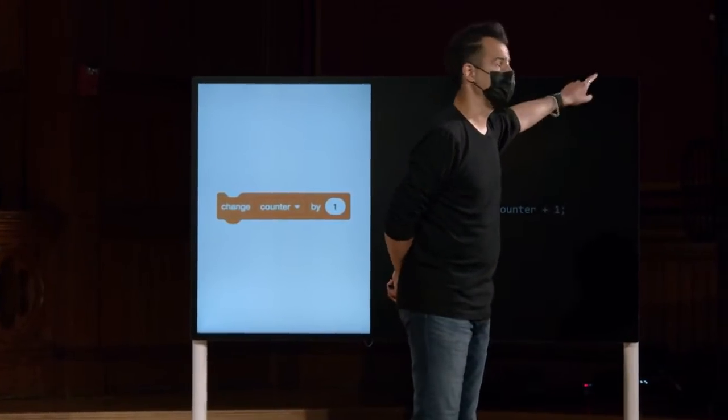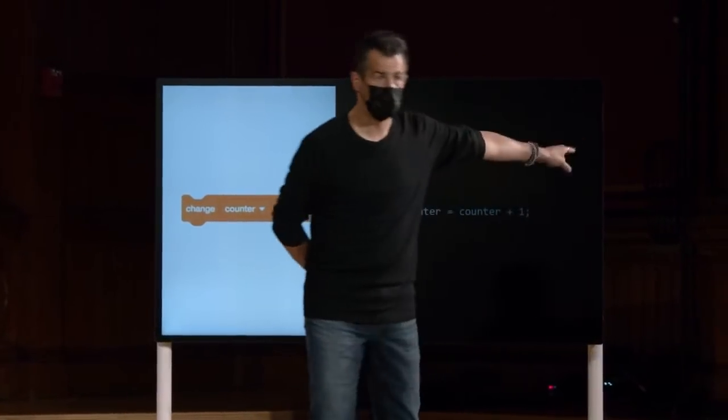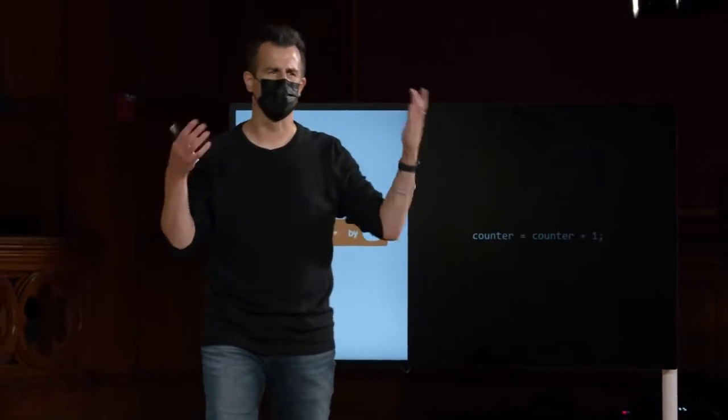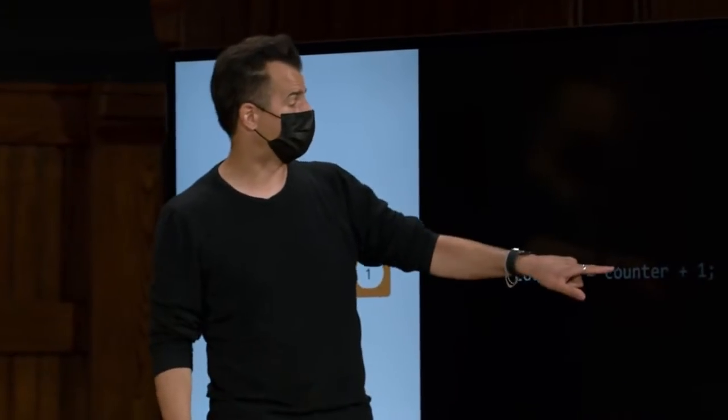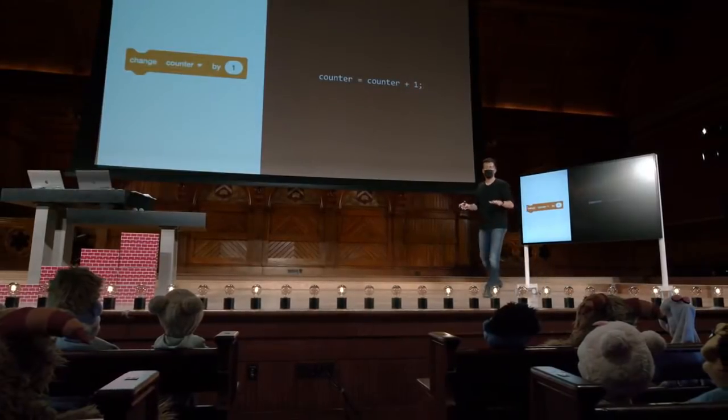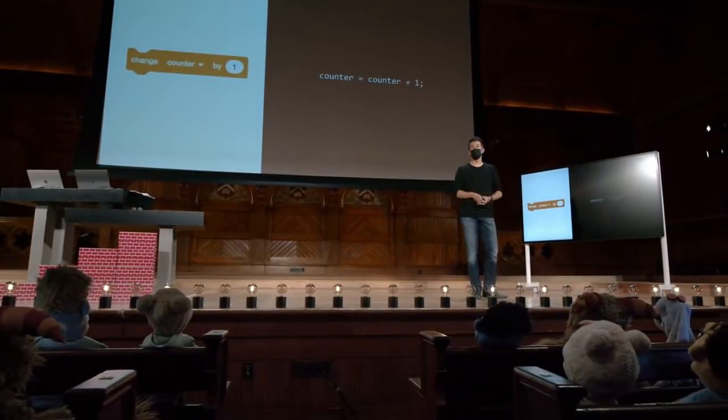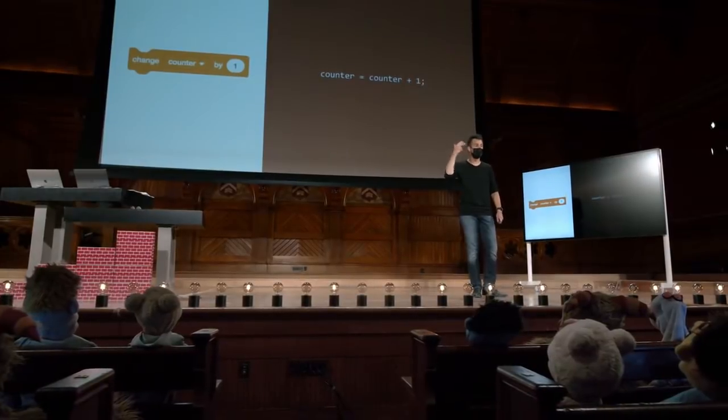Otherwise, this makes no sense. Counter cannot equal counter plus 1, right? That just doesn't work if we're talking about integers here. That's because the equal sign is assignment. So it can certainly be the case that you calculate counter plus 1, whatever that is. Then you update the value of counter from right to left to be that new value. This, as we'll see, is a very common thing to do in programming, just to count upward for whatever reason.